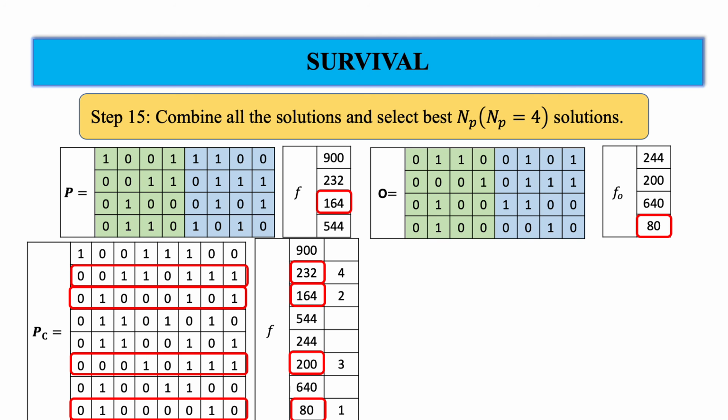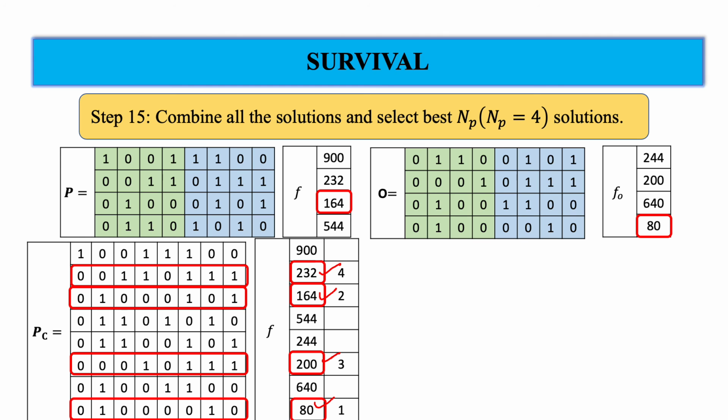Initially we had 4 initial population values. Now we are sorting it. The optimal solution is 80 in this case. Then the next minimum is 164, then 200 and 234. So these are the 4 best solutions which we have obtained.